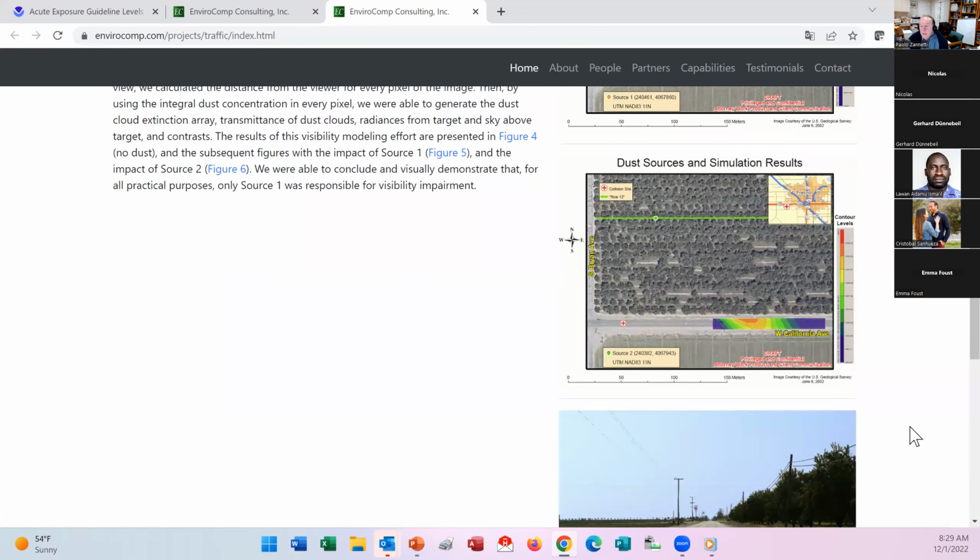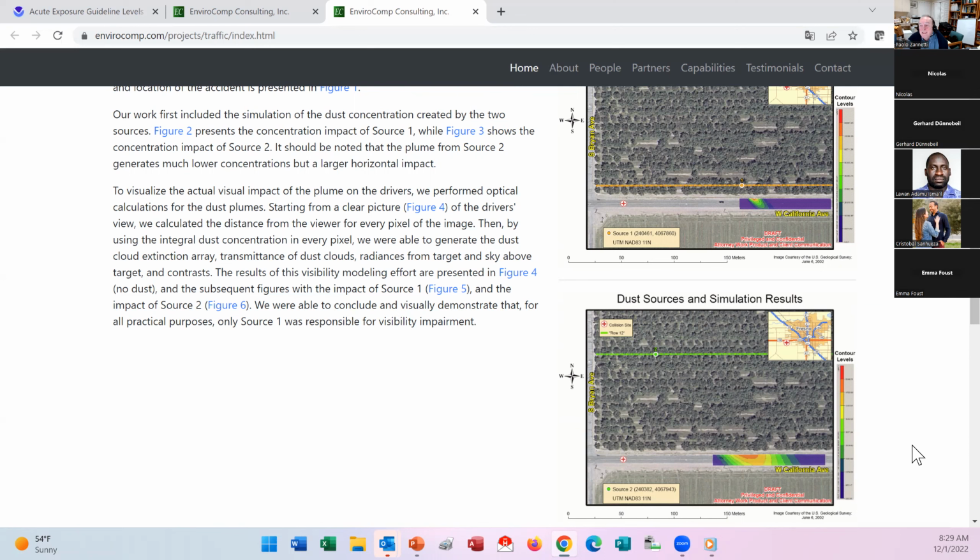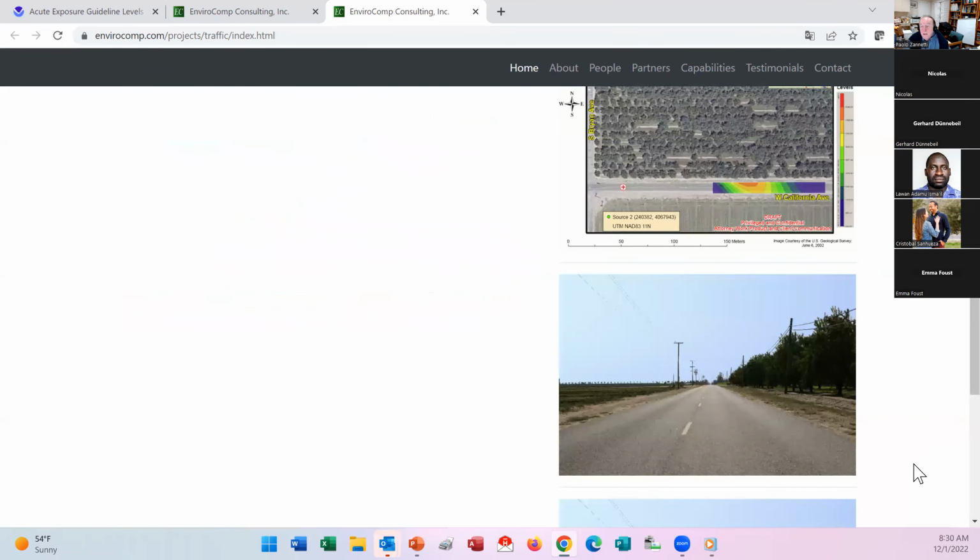Very good. So the next step was the big challenge. I've never done this before. It was to create a synthetic plume showing the visual impact of these two plumes. We started by taking a picture of the road from right to left. This is the picture on a good day with perfect view. And then this was the boring part.